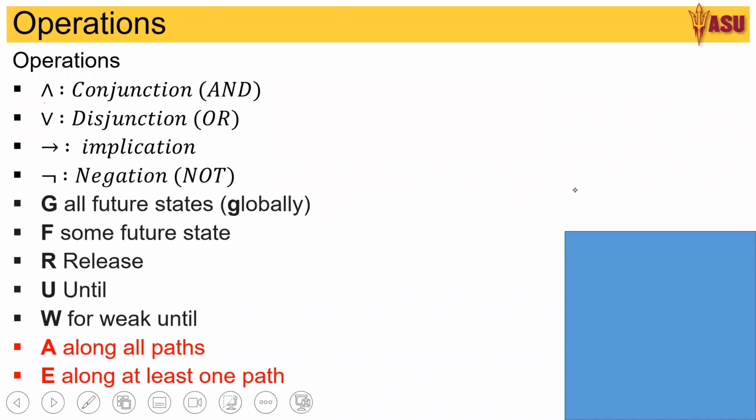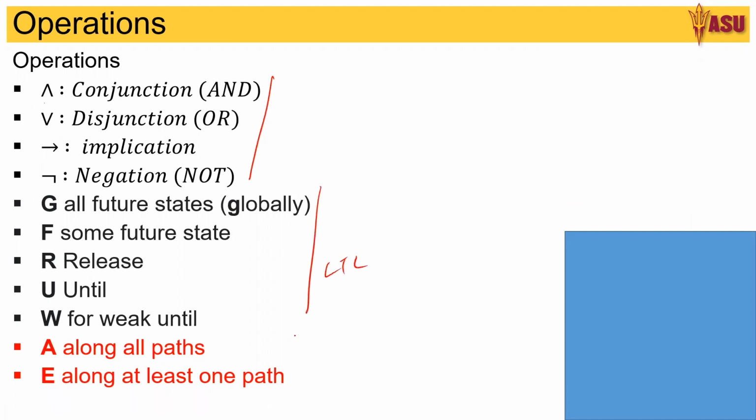Before we proceed, just a quick review of the operations. These are from propositional logic. These are the same as LTL formulas. And these two are the new formulas that are added in CTL. A is along all paths and E is along at least one path.